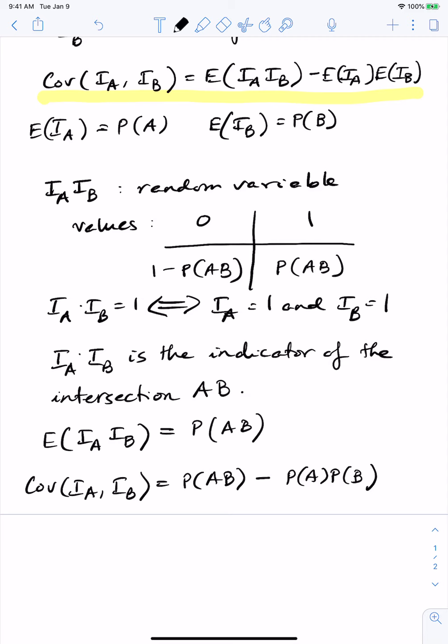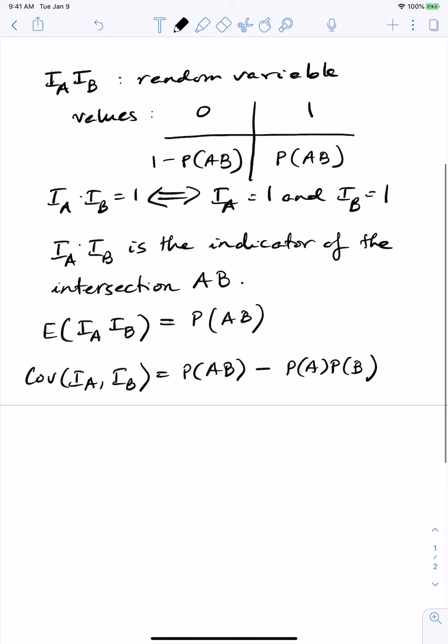But now if you look at that, what you see is on the right-hand side, you have the chance of the intersection. What you're subtracting off is what the chance would have been if the two events were independent.